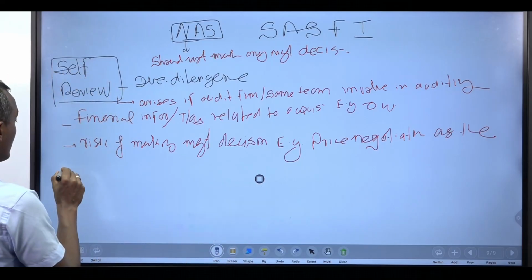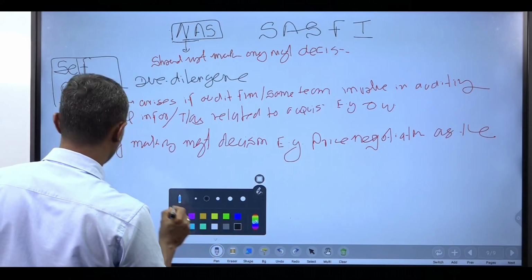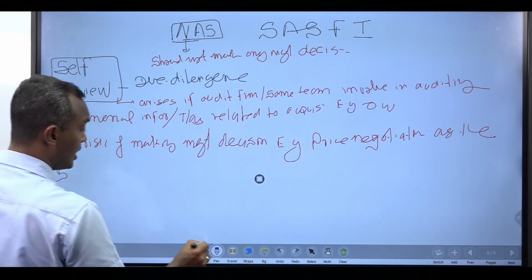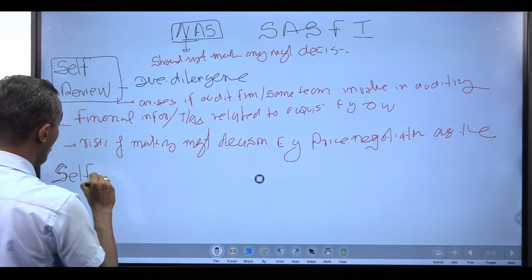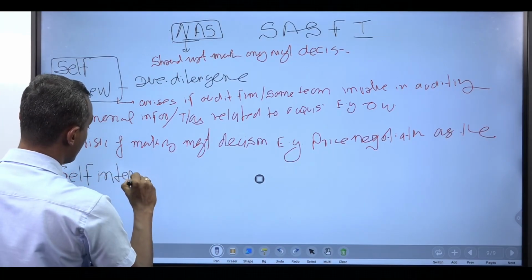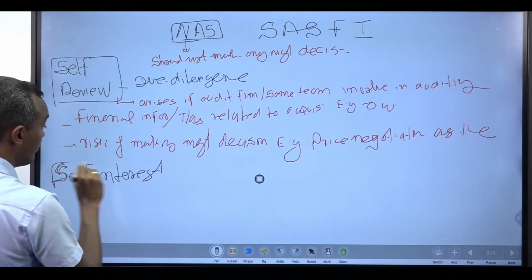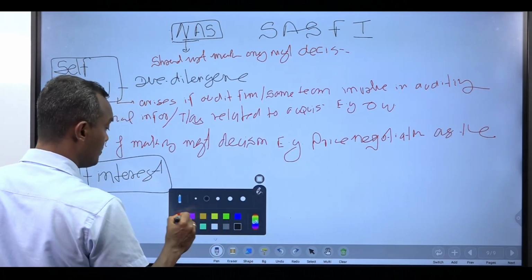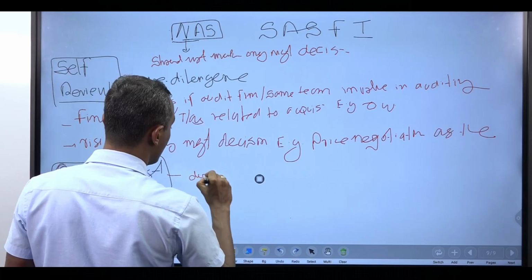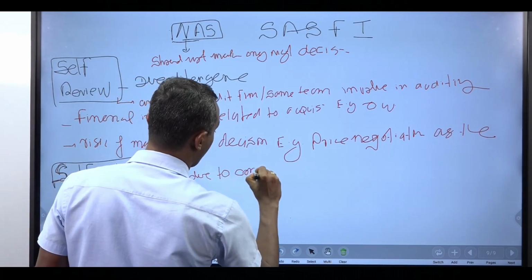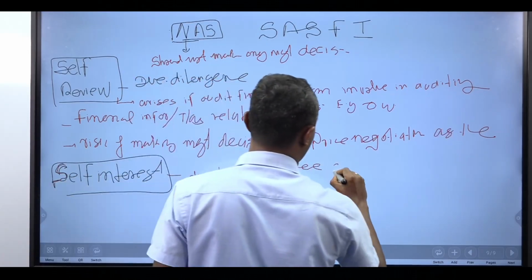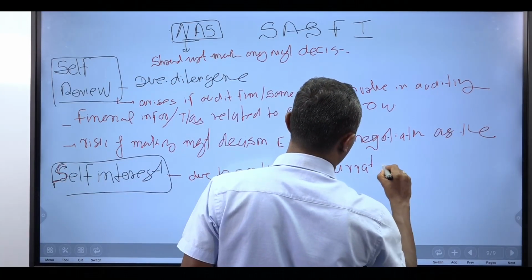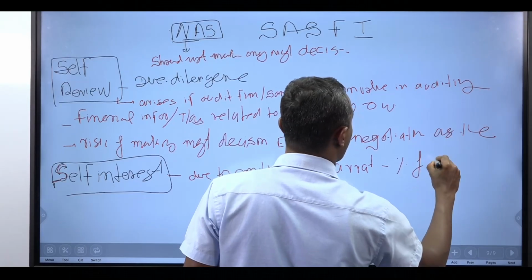There is a bias, which we call this risk what? The moment a contingent fee is there, it's called self-interest threat, because you have money, you can earn more money, therefore somehow bargain and do whatever. So the self-interest threat is mainly due to the contingent fee arrangement. Contingent fee arrangement means the auditor is going to get a percentage of the purchase consideration.